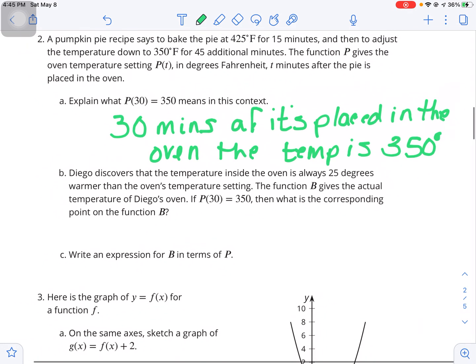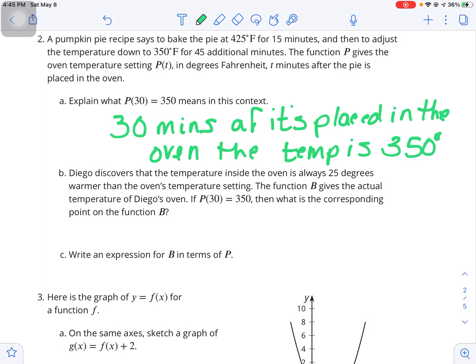Diego discovers that the temperature inside the oven is always 25 degrees warmer than the oven temperature's setting. The function b gives the actual temperature of Diego's oven. So if p of 30 is equal to 350, then what is the corresponding point on the function b?